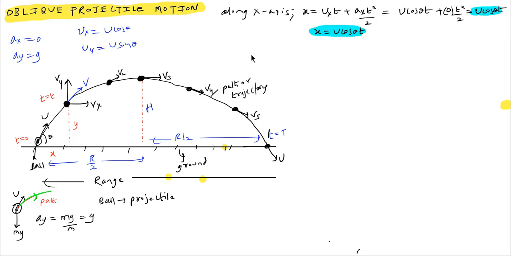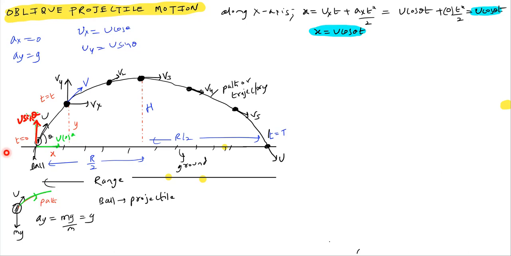Then along y-axis, we'll apply the equations of motion. What was the initial velocity along y-axis? We'll resolve here: u cos theta, u sin theta. You have to make an observation here. The initial velocity along y-axis is u sin theta.